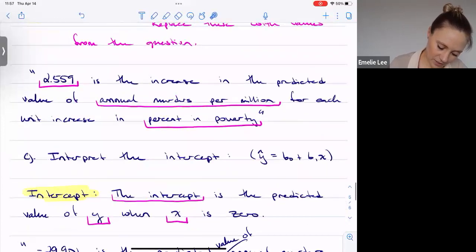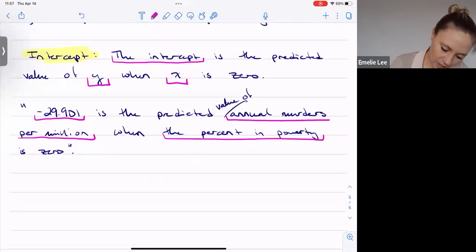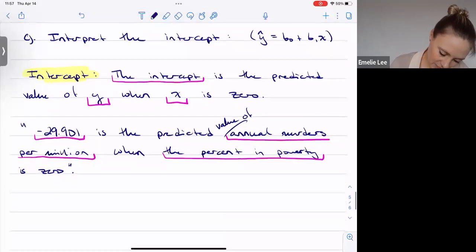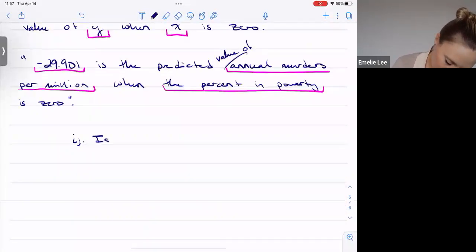So here I'm going to add my follow-up question that says, part I, is the intercept meaningful?